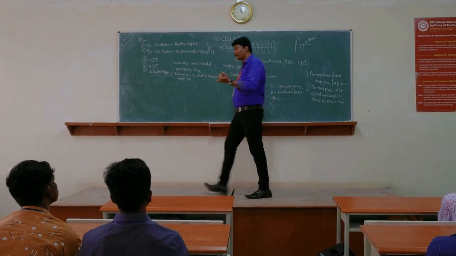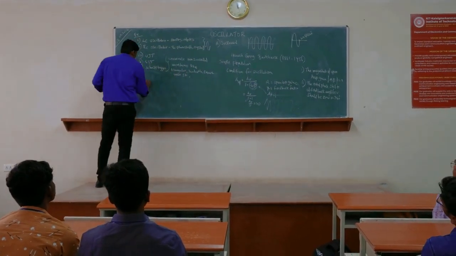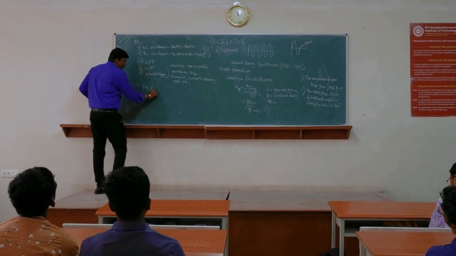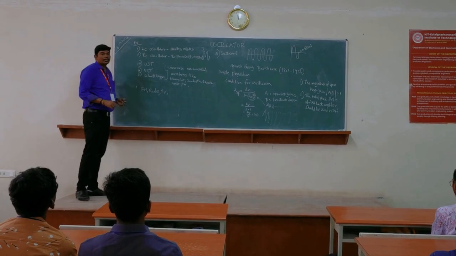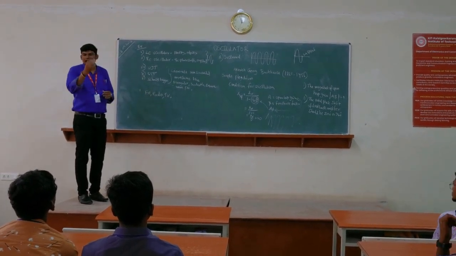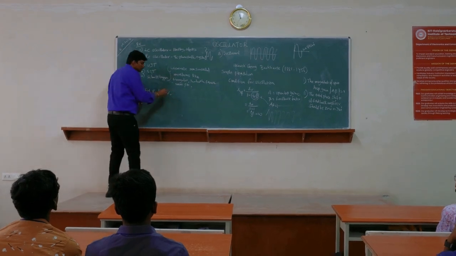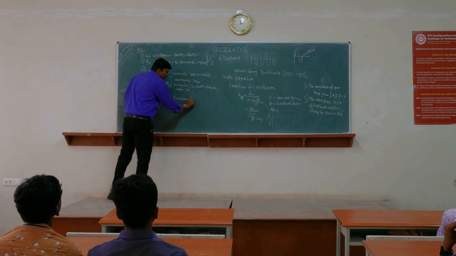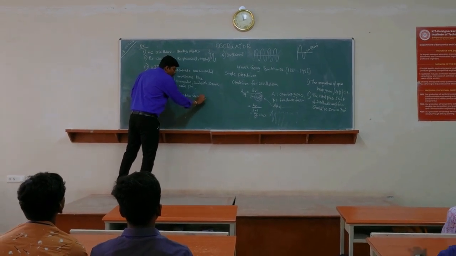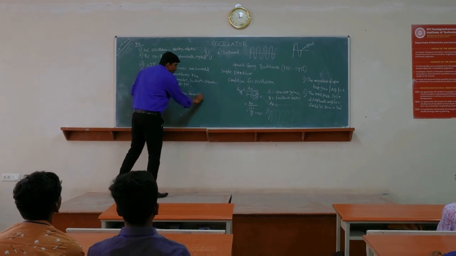So we use them in FM, radio, TV, televisions, and another one we mainly use in laboratories, what are called function generators. Is it right? You have gone through some experiments there.